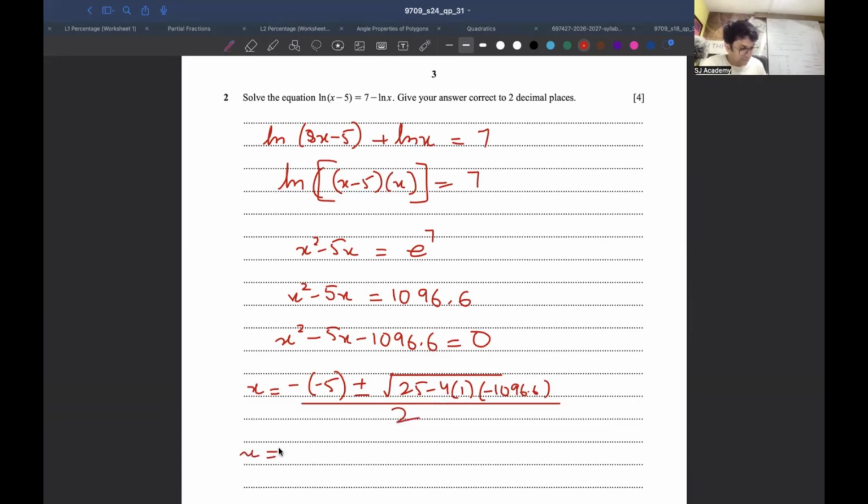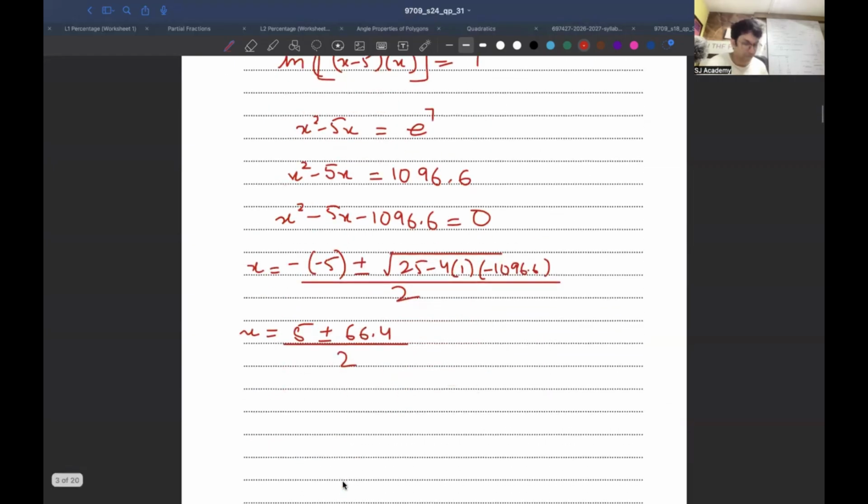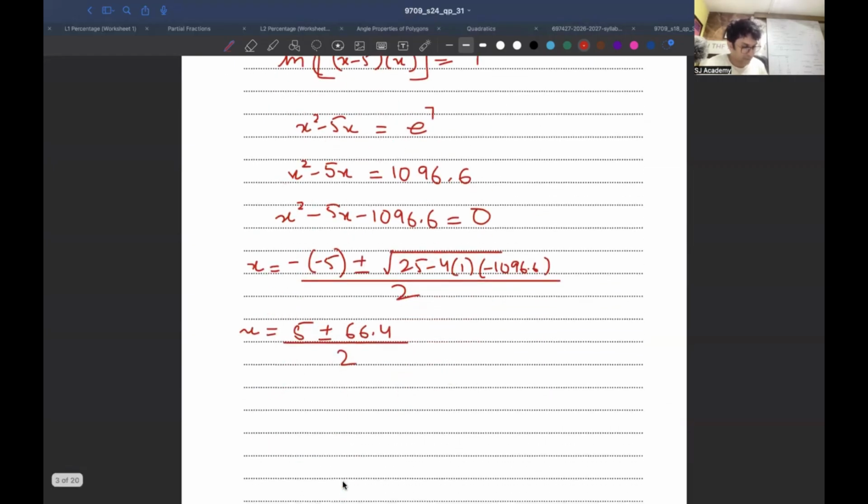So 25 plus 4 times 1096.6. Taking the square root of this is 66.4. So 5 plus minus 66.4 upon 2. And then one of the answers will become 5 plus 66.4 divided by 2, that is 35.7.